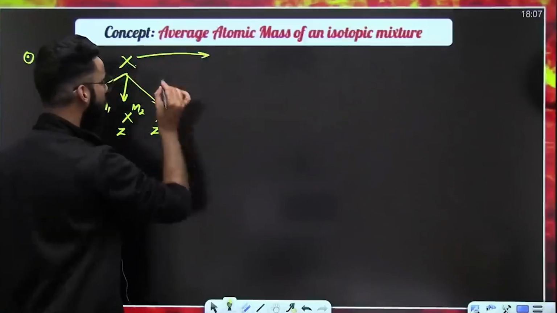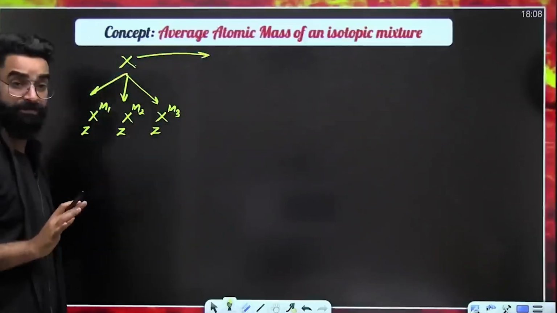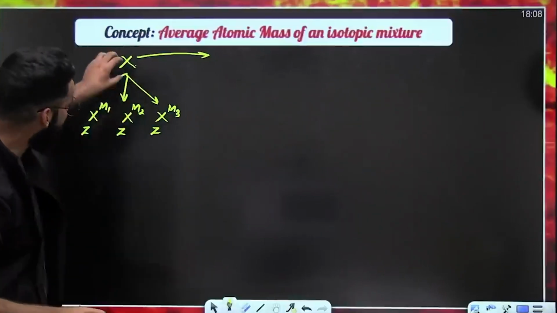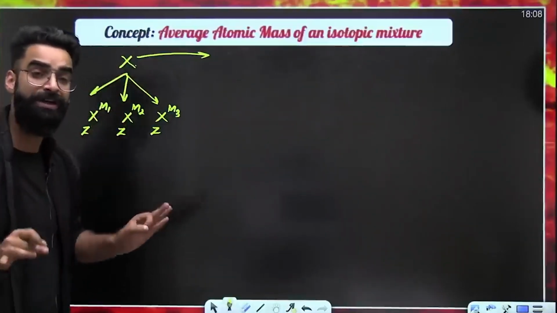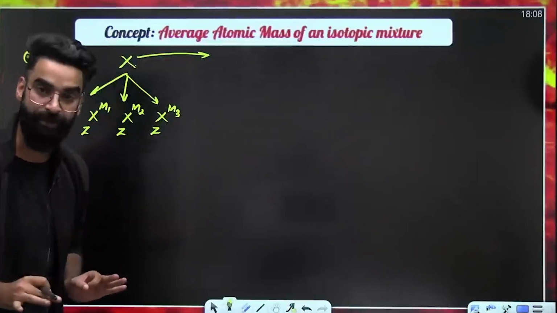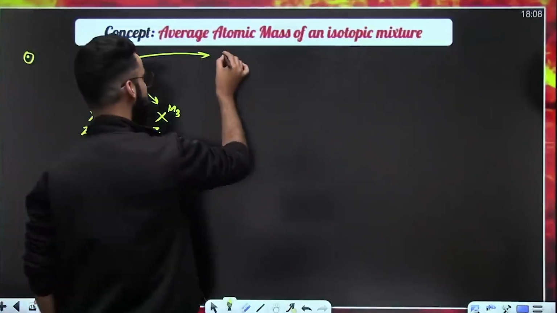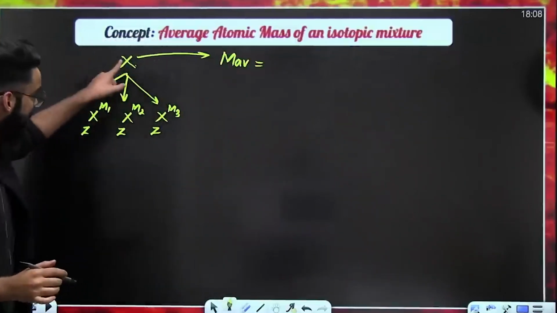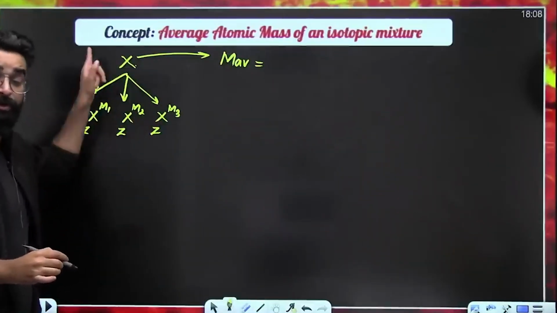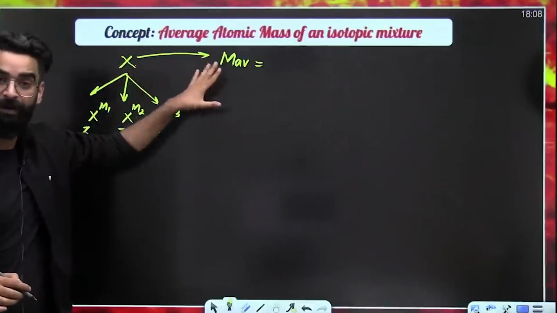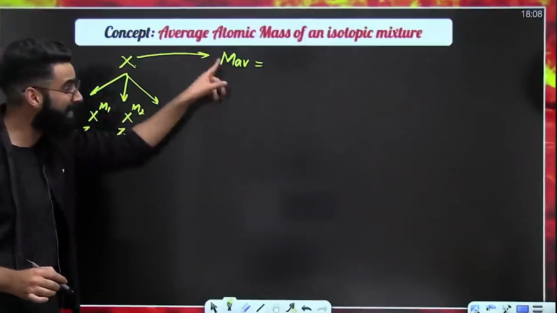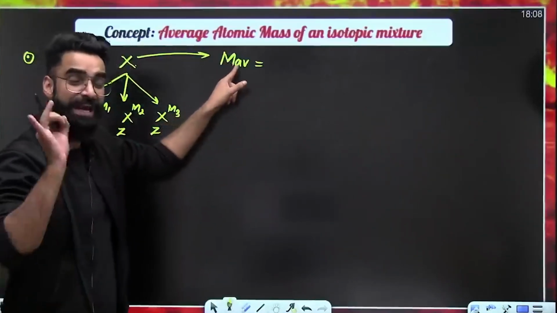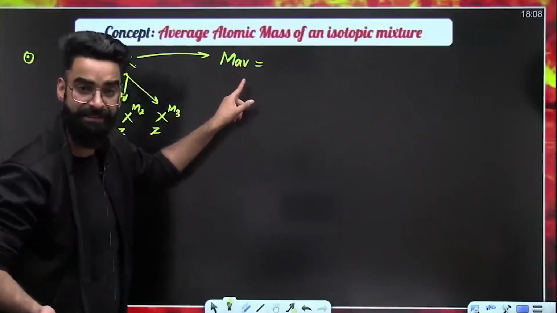Now people, whenever the element exists in isotopic forms, whenever the element has isotopes, do remember, we do not calculate the normal atomic mass for that element. What do we calculate? We calculate the average atomic mass of that particular element. And in order to calculate the average atomic mass of an element, what do we need?